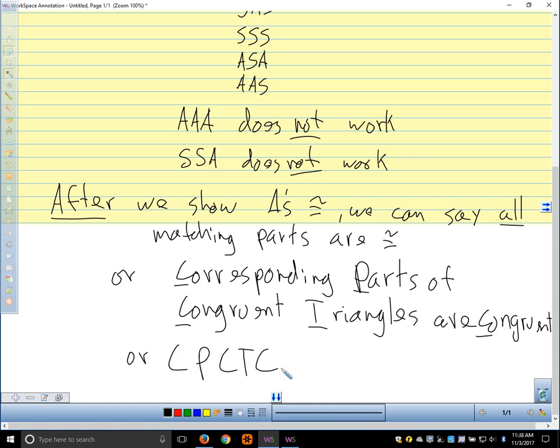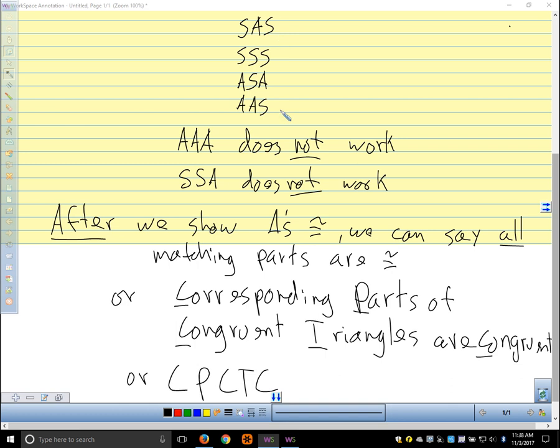So what we do, big picture, when we want to show that some parts of triangles are congruent, we show that the triangles themselves are congruent using ASA, SAS, any one of those things, and then we use CPCTC to say that the parts of the triangles are congruent. So that's, in general, in this section, our plan: show that the triangles are congruent, and then use CPCTC.